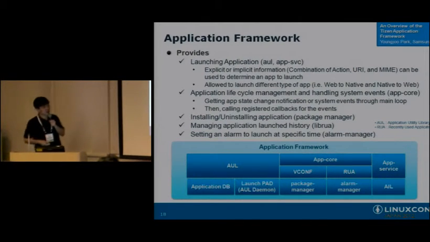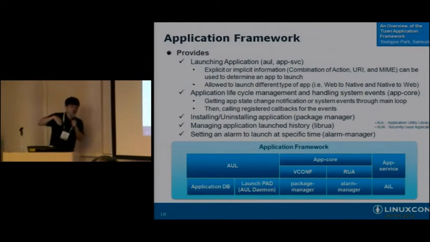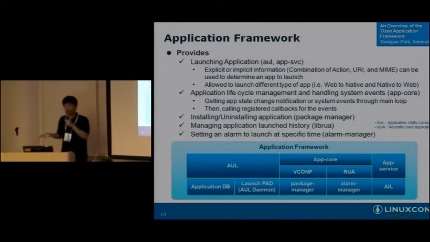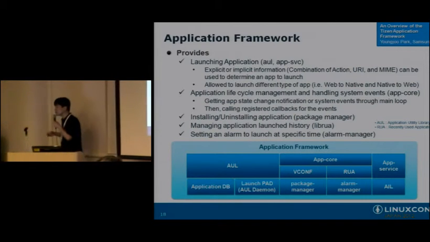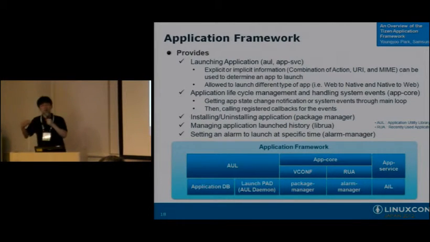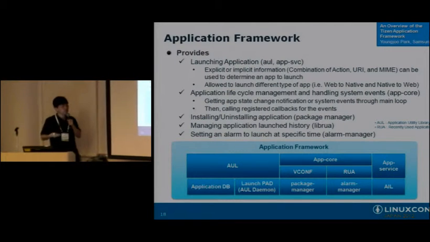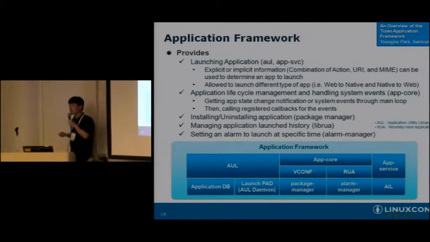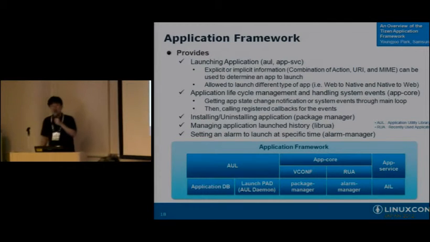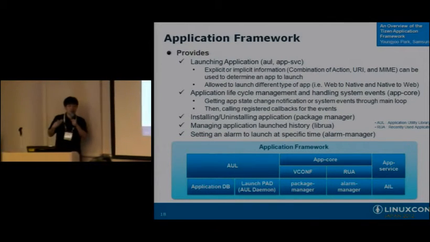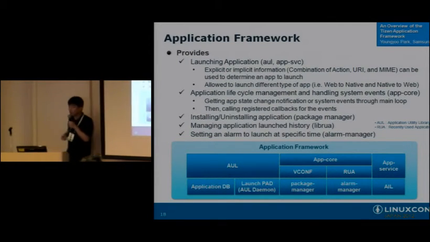This is the daemon process that launches your application, and based on the request, it will launch that application based on fork and exec. But we added some optimization to make the launch time fast, with pre-link or pre-initialized technology.